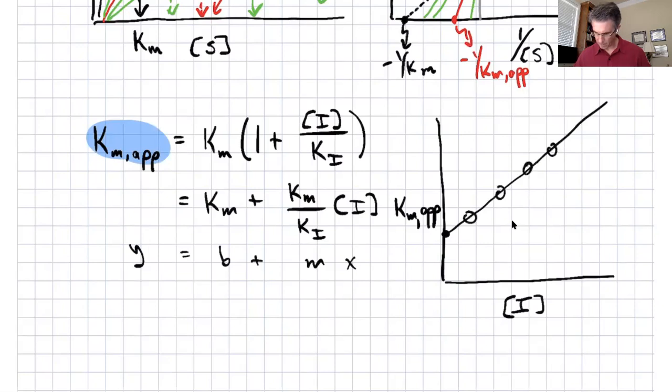And the slope of that line, of course, is then the Km over Ki, as shown in this relationship here. And if you know the Km, you can calculate the Ki, and determine how good a competitive inhibitor this particular molecule was.